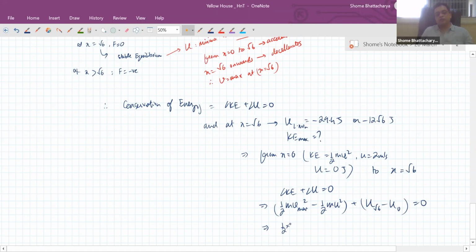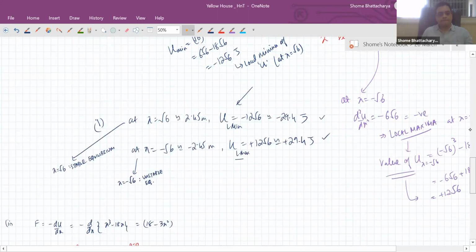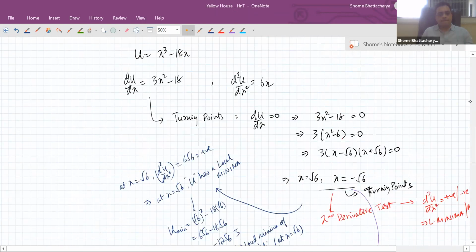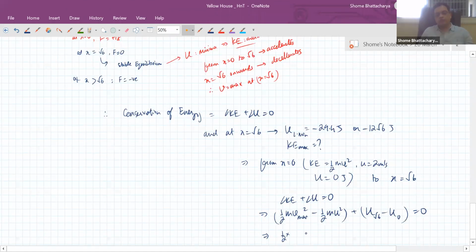So half into whatever mass we have taken, 1 kg. So half into 1 into V max square minus half into 1 into 2 square plus this one, which is minus 29.4. This should be 0.